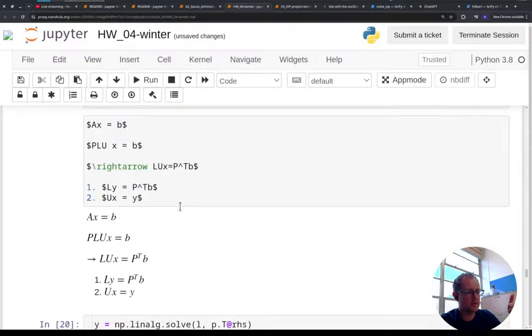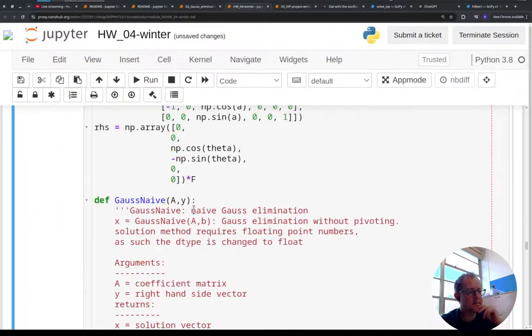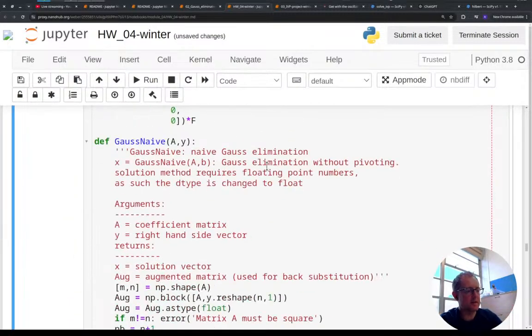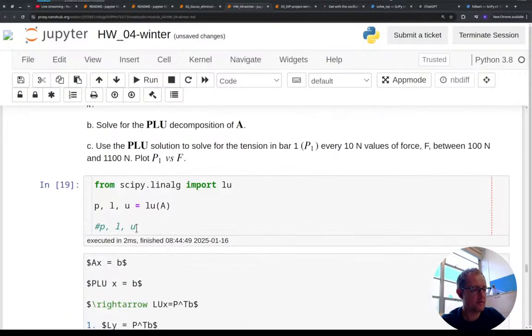So things are looking good. Let's come back up, make sure. Yeah, so P1 is that X0 value.